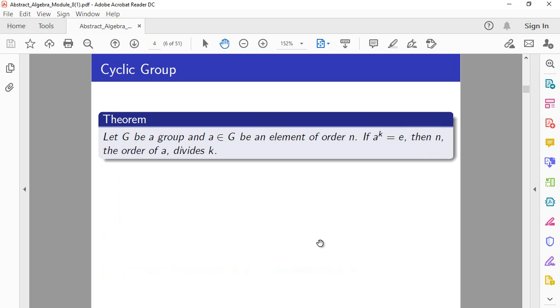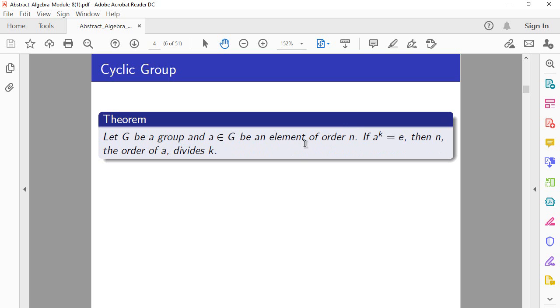Okay, so the next theorem here. Let G be a group and A be an element of G, and assume that A has order n. So remember the meaning of this, right? A has order n means that n is the least positive integer power of A that is equal to the identity.